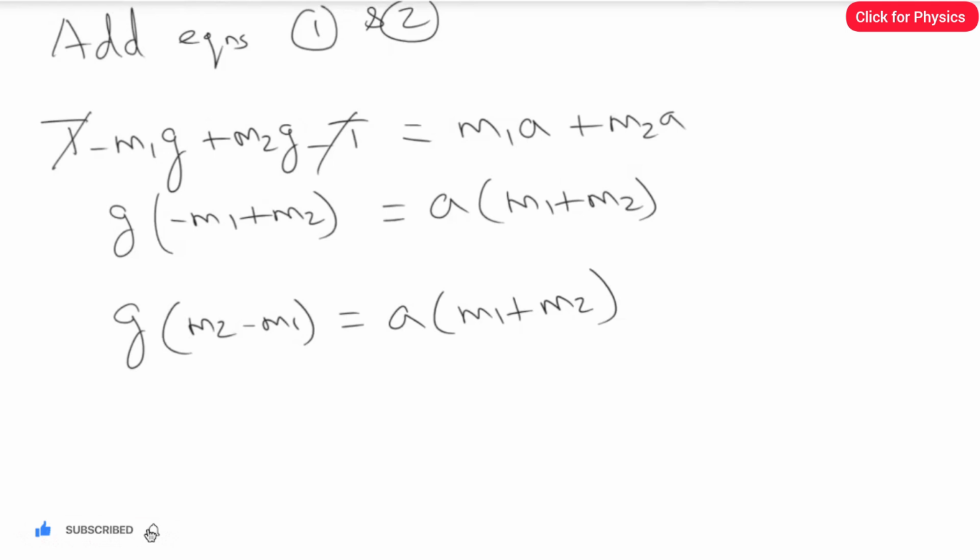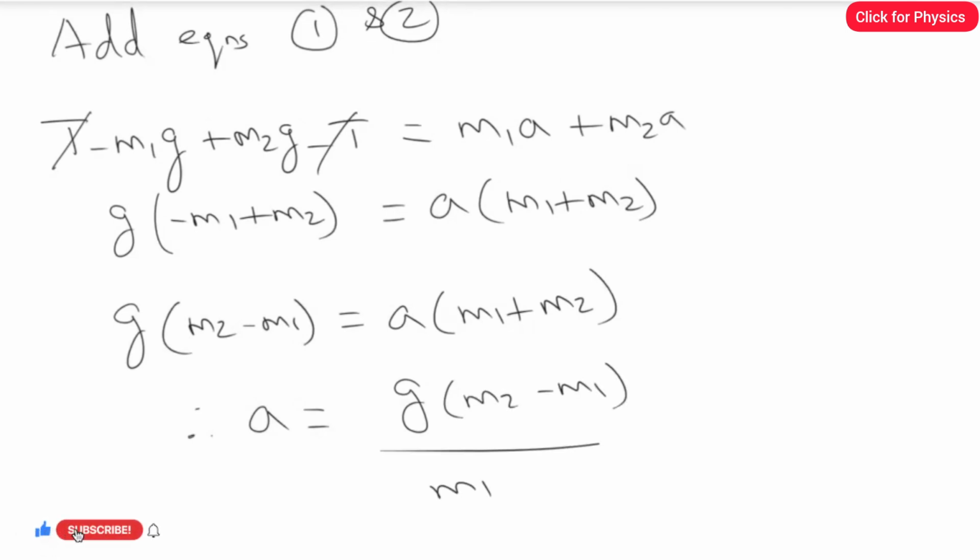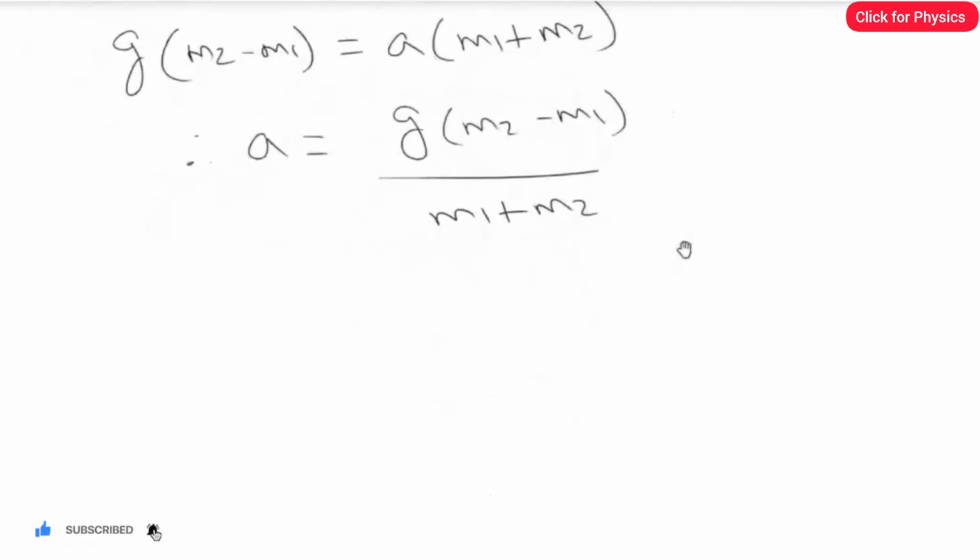Now we are going to find the answer for the acceleration, so I have to rearrange this in terms of acceleration. Therefore, the acceleration a is equal to g multiplied by (m2 minus m1) over (m1 plus m2). Now I am going to substitute the values in this equation.